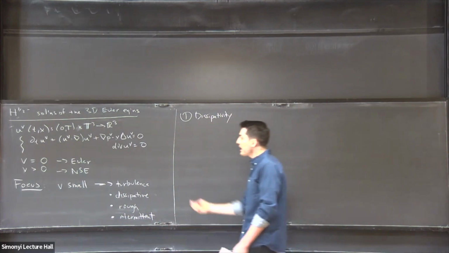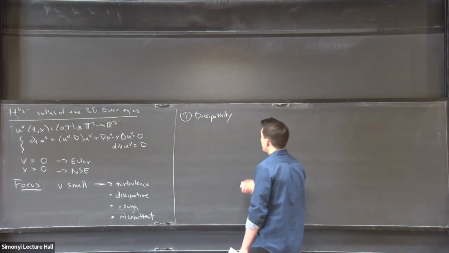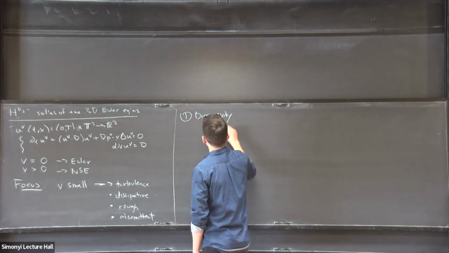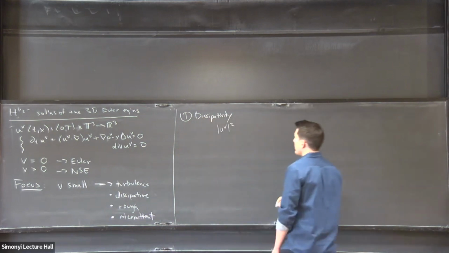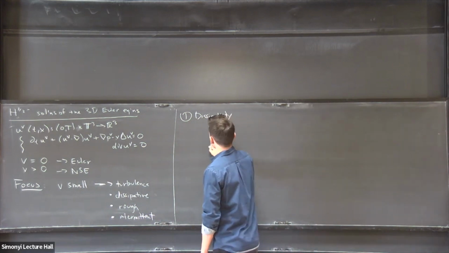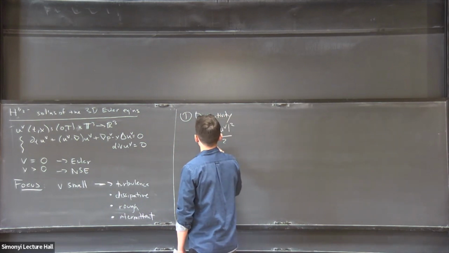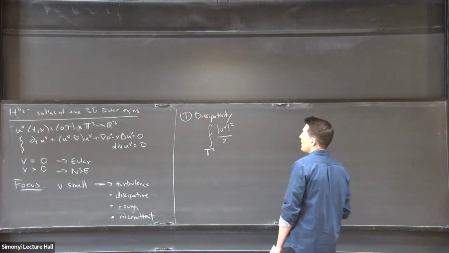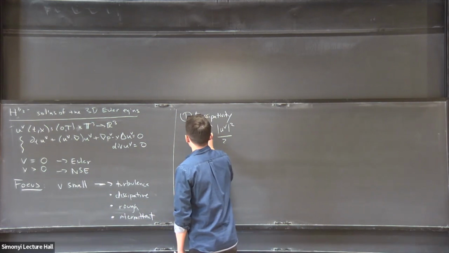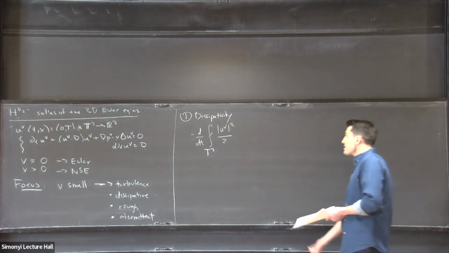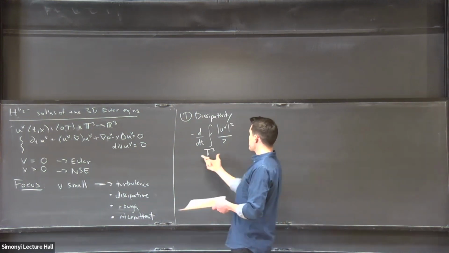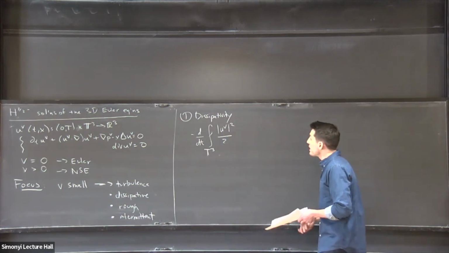So if I have some solution u^ν of the Navier-Stokes equations, I can compute the L^2 norm to get the kinetic energy. And I can take minus the time derivative of this quantity. And for solutions which are dissipating the energy, I expect this to be some positive number.